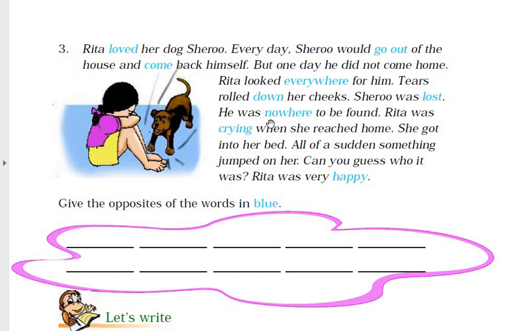Okay, so Rita looked everywhere. The opposite is already given here in the paragraph itself. Nowhere. Okay, so you can interchange them. Everywhere, nowhere. Tears rolled down, up and down, up and down. If you have watched that movie of Amir Khan, I have forgotten the name actually.